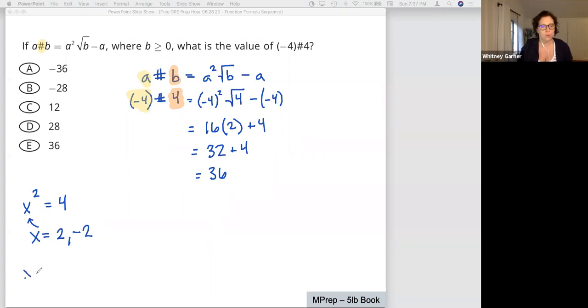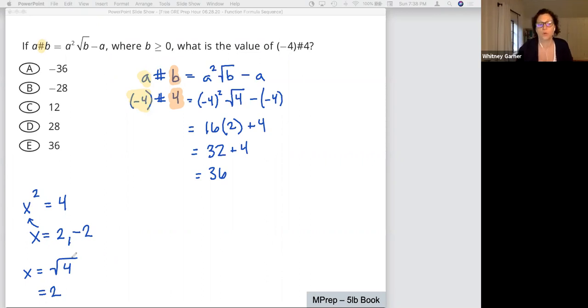However, if I told you that x is equal to the square root of 4, that means that x is equal to 2. When I take the square root of a number, I only get a positive result. The reason why we have to think of the positive or negative in these squared situations is that because the thing I don't know is being squared, the thing I don't know could have been positive or negative.